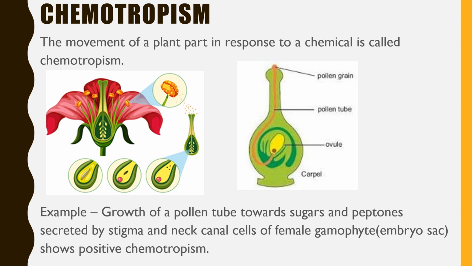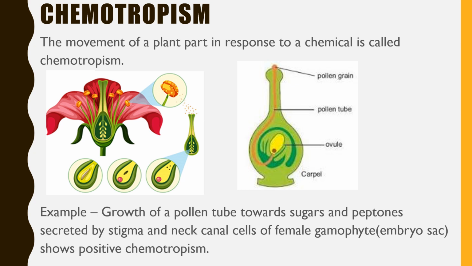You can see in the picture when the pollen grains fall on the stigma, the stigma secretes a sugary substance. This sugary substance is a chemical which makes the pollen grain start forming a pollen tube. Then the green colored part you can see surrounding the ovule is the embryo sac.